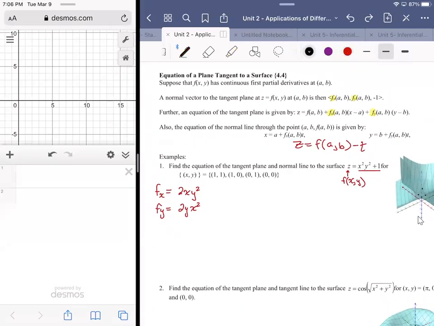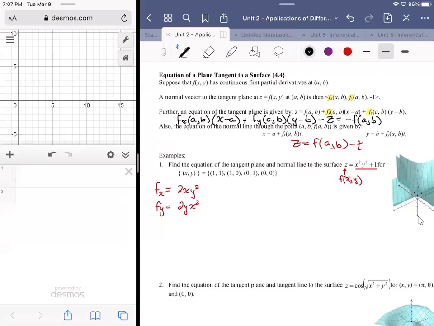It's up to you. You can go either way with it.